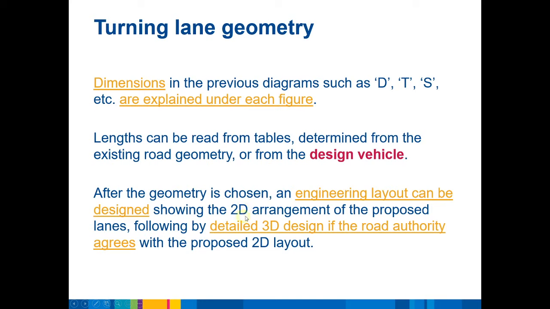So that's why it makes sense for us to prepare a 2-dimensional design. Then the 2-dimensional design will go to an authority to be checked and approved. And once the road authority agrees, then we go on with the 3D design, which is pretty common practice in a lot of planning arrangements.